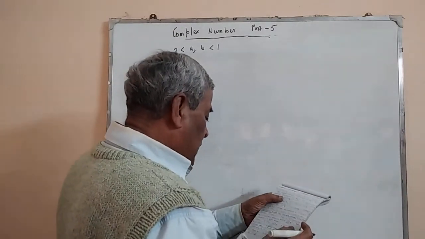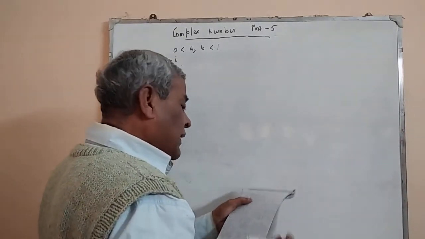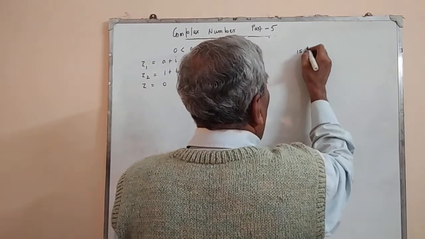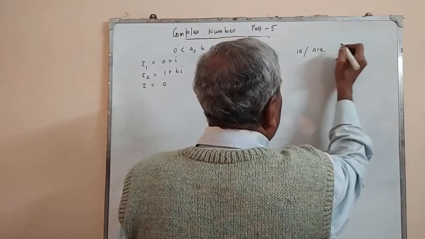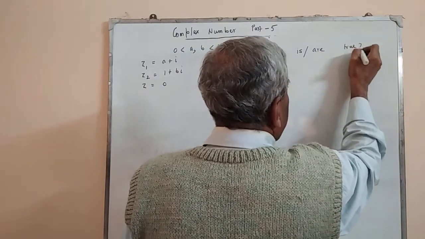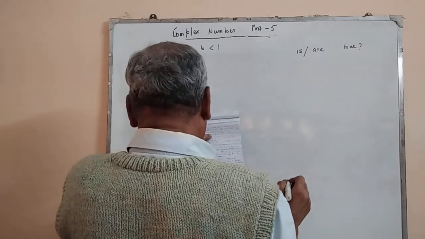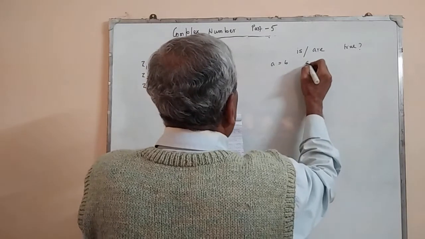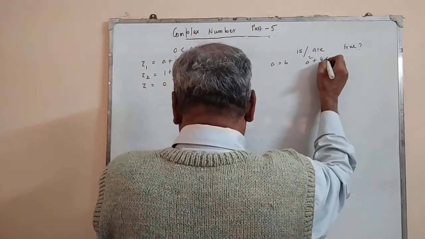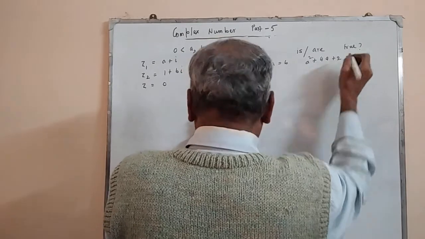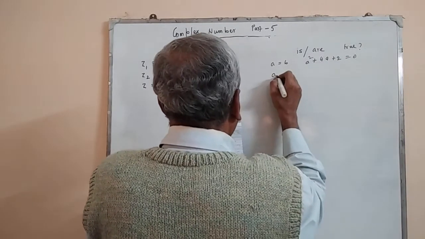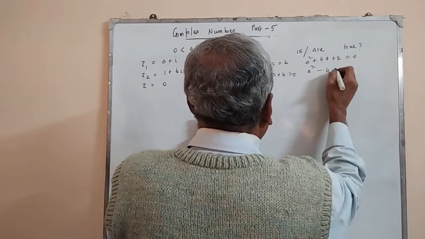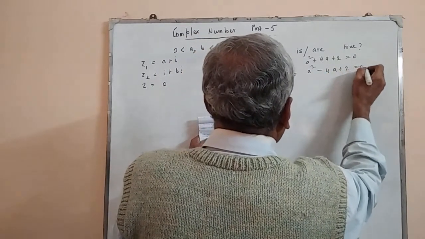First copy the problem. Then which of the following is or are true? Number 1, A is equal to B. Number 2, A square plus 4A plus 2 is equal to 0. Number 3, A plus B is equal to 0. Number 4, A square minus 4A plus 2 is equal to 0.